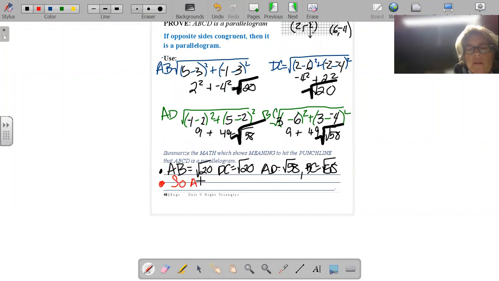So AB is congruent to DC. AD is congruent to BC. Punchline.